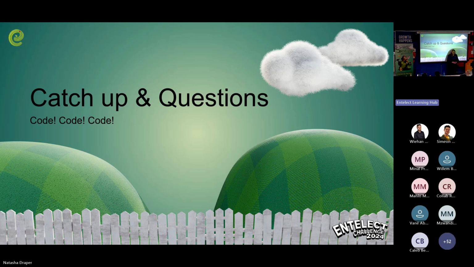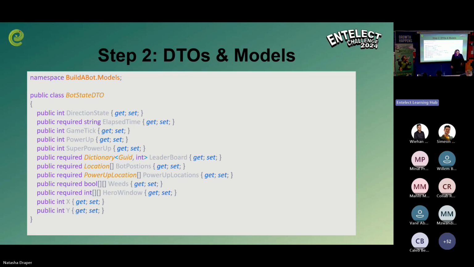So now that we've got the engine running with Docker or Visual Studio, if you went that route, and connected our bot to our runner, we can get started with actually registering the bot and then sending some commands. Cool. So we're going to start off by creating some new classes in our bot. We're going to basically create a bot state DTO.